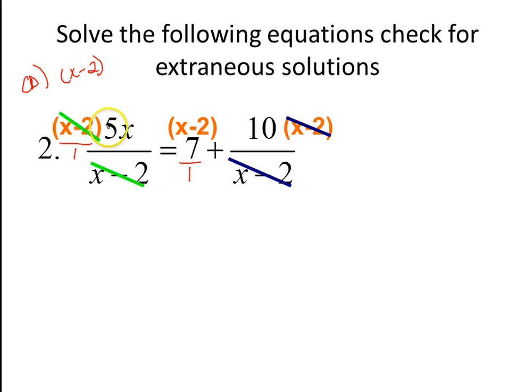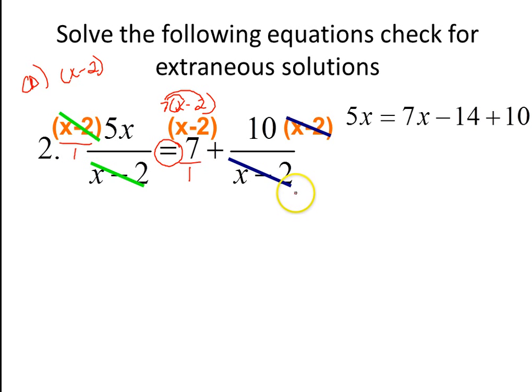Okay, so now let's figure out what we have left. X minus 2 is gone, so the only thing we have left right here is 5x equals, this is 7 times x minus 2. So what do I get when I do 7 times x minus 2? 7x minus 14. Plus 10, and am I multiplying it by anything? That x minus 2 disappeared, so that's just 10. So I get 5x equals 7x minus 14 plus 10.